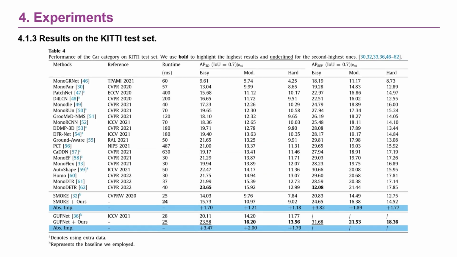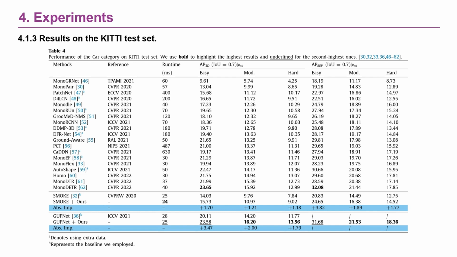we evaluate the proposed innovations on the KITTI test set using SMOKE and GUPNet as two base detectors. Table 4 shows the quantitative results of our method and other top performance detectors from the official KITTI leaderboard. Overall, our improved model achieves superior results over both bases across all settings under fair conditions.